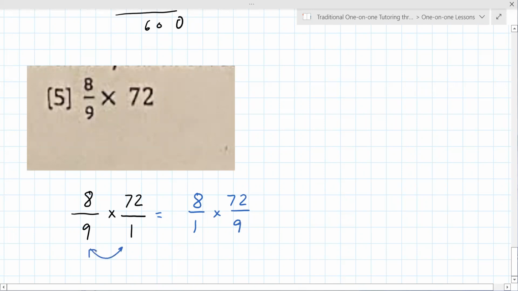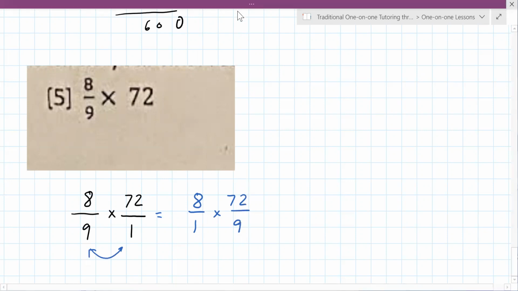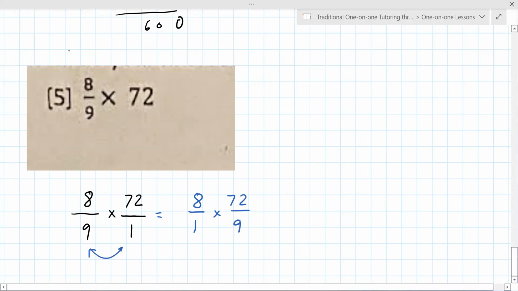Now you can take 72 and divide it by 9. What does that become? Can you tell me what 72 divided by 9 is, or 9 times what number gets you to 72? 8.